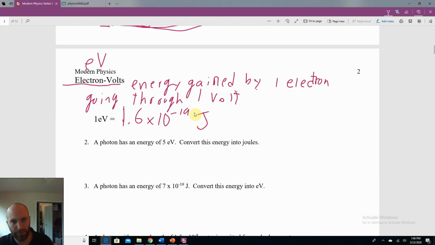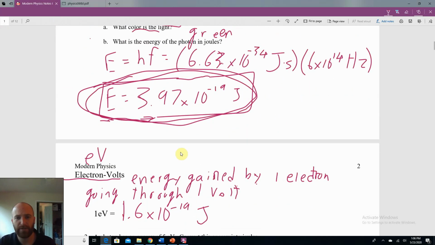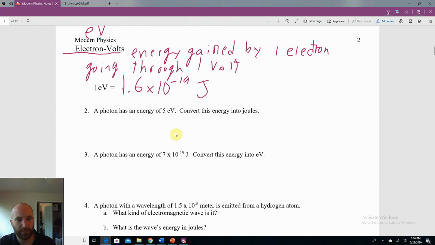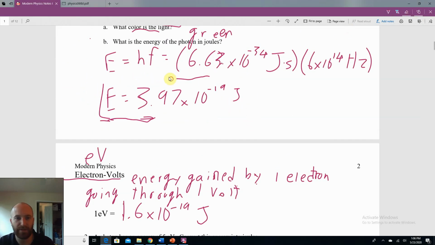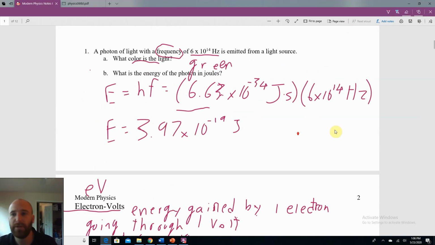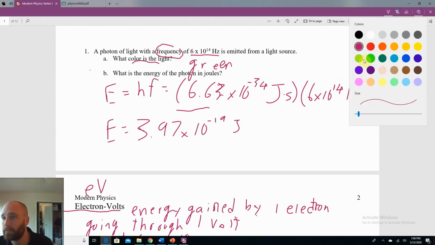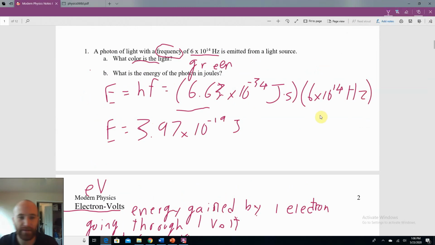So if you had trouble with those before, let's take a moment to go over them. Let's start by converting this earlier number, this 3.97, into electron volts. I know it's not one of the problems I asked you to do, but the way we do these conversions is this.